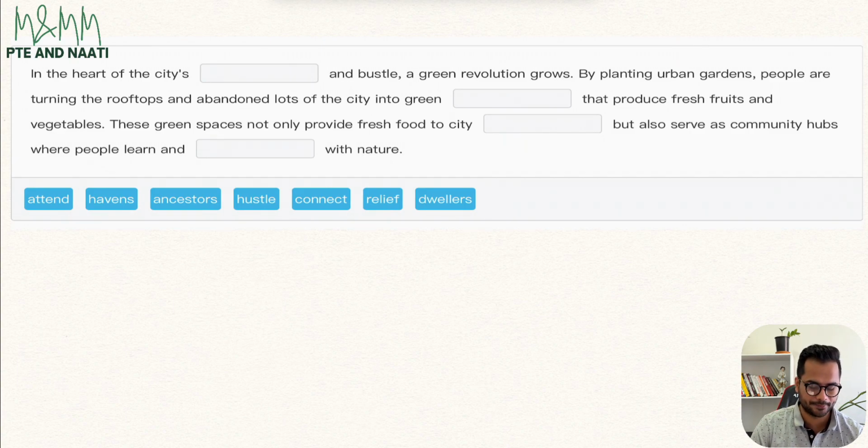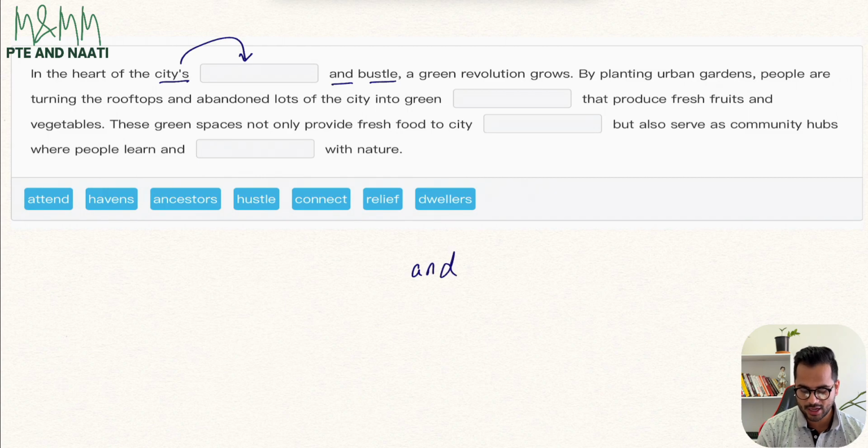Looking at the first one, it says, in the heart of the cities, and there's a blank. That means it's cities something and bustle. Here I am going to use one grammar rule which says, if I have a conjunction, which is and, in between, and there is a word on one side, the other side will have a similar word as well.